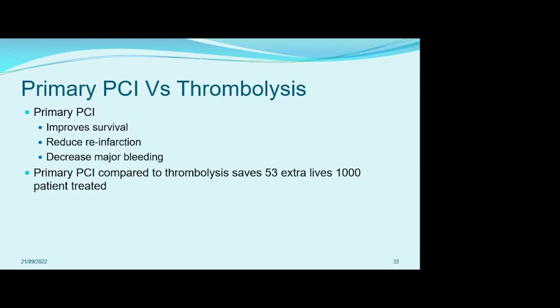And primary PCI improves survival compared to thrombolysis, reduces reinfarction and decreases major bleeding, unlike thrombolytics where we have seen severe adverse effects. Primary PCI compared to thrombolysis saves 53 extra lives per 1,000 patients treated.